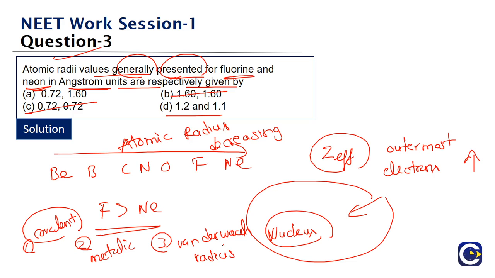That is generally what is used in the case of the inert gases. For the noble gases or inert gases, especially helium, neon, argon, the atomic radius values that we measure will be the van der Waals radius. For things like fluorine, we get the covalent radius.